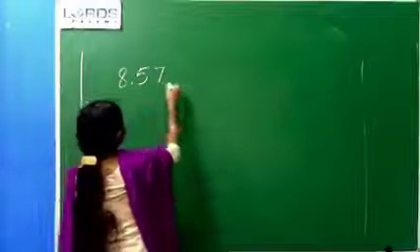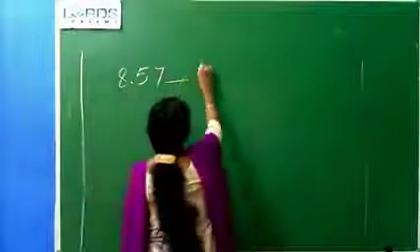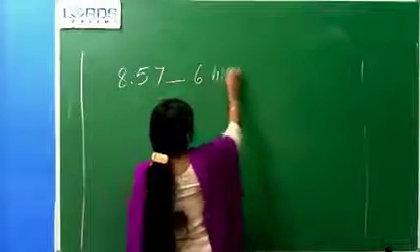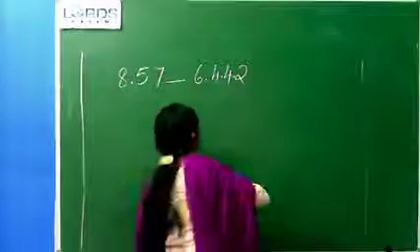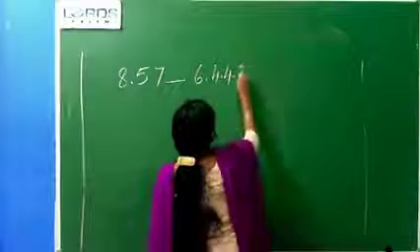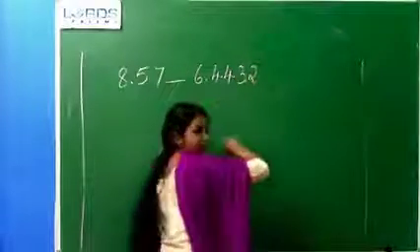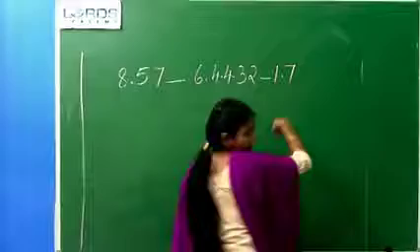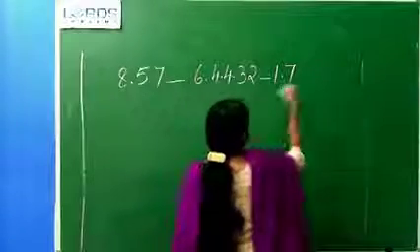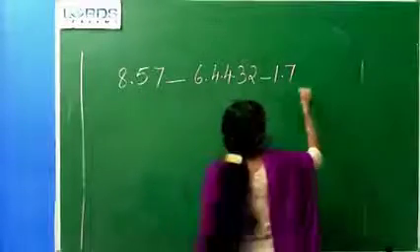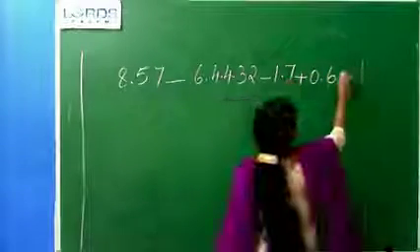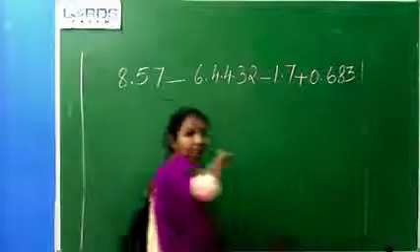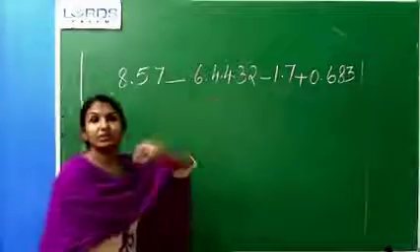8.57 minus 6.4432 minus 1.7 plus 0.683. In this, addition and subtraction together.